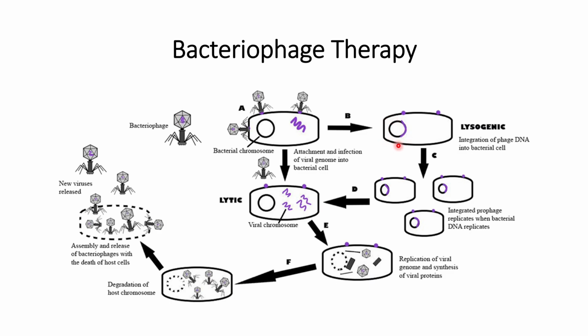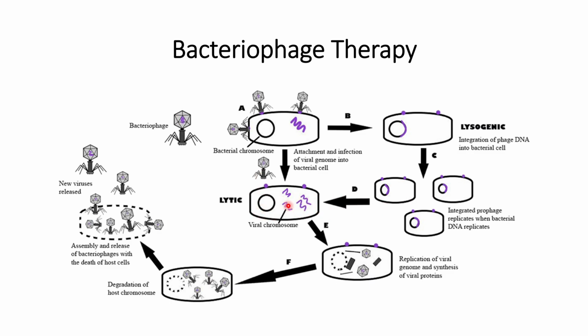Integration of the injected DNA is done with the host DNA, and in this case, the gene transcription and translation occurs along with the host DNA, as we can see here. The other approach is that the transcription and translation of this gene of interest will happen autonomously, or we can say independent of the transcription and translation of the gene of the host chromosome.